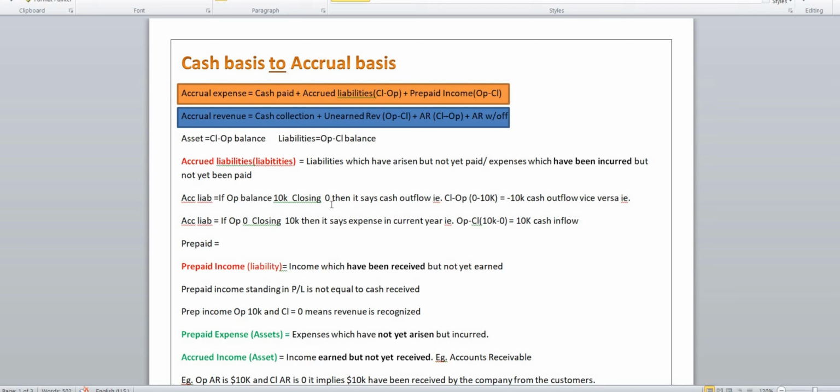That is, in the opening we have 10,000 as our accrued liability and in the closing we have 0, which means that our cash has flowed outside. Coming to the next one, accrued liability, if opening is 0 and closing is 10,000, then it says that in the current year there was a cash inflow.